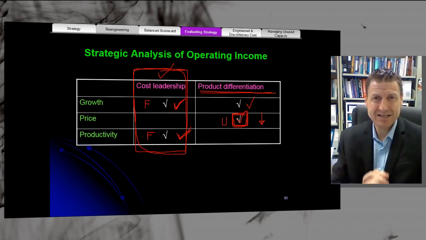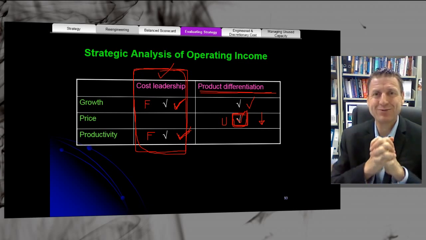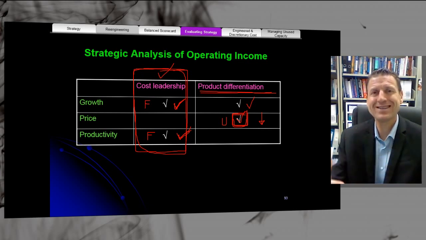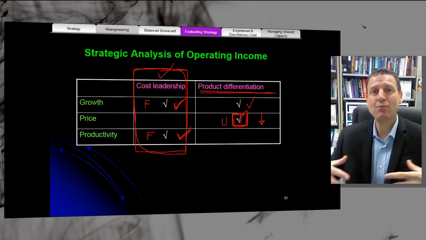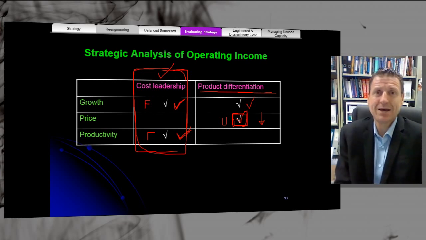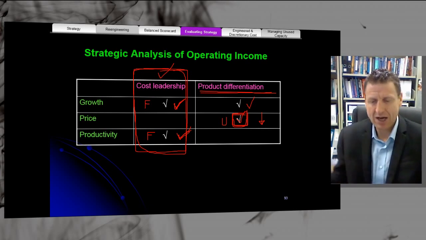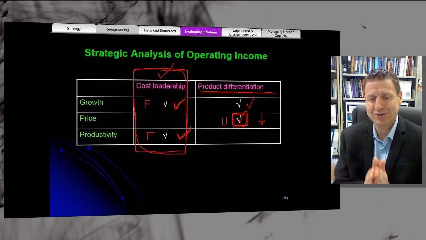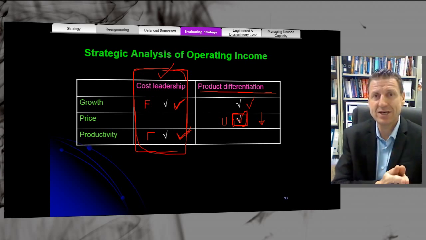Okay, let's get back to what it means for the balanced scorecard, because with the balanced scorecard, we're not focusing on the financials. And why, after all this, in this exercise, have I been focusing so much on the financials? Well, the financials get the attention of senior management. Now, which areas do you have control over?